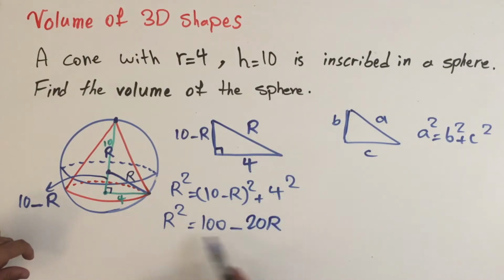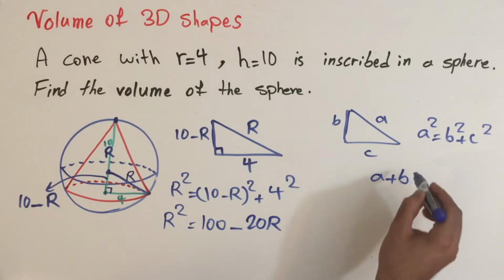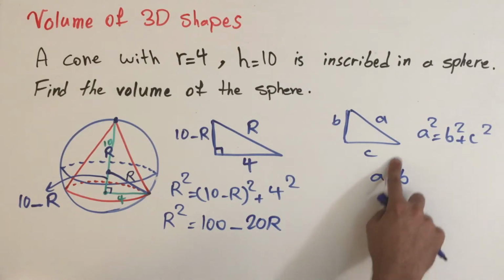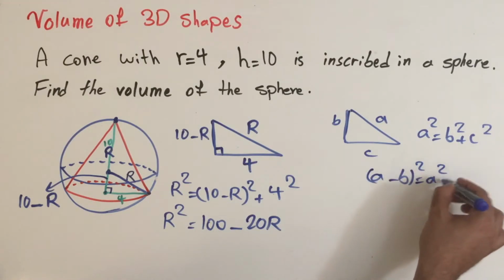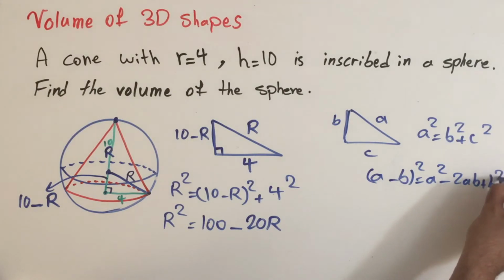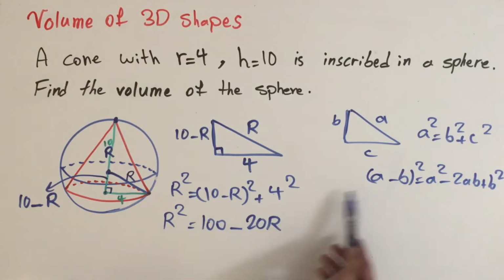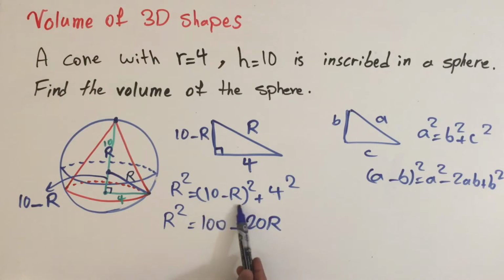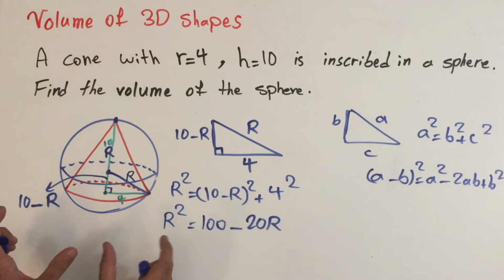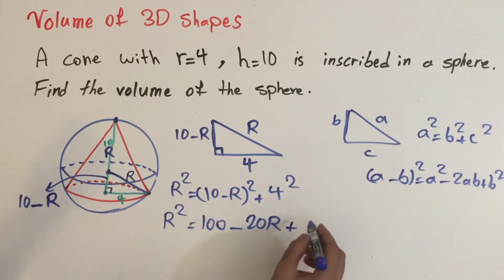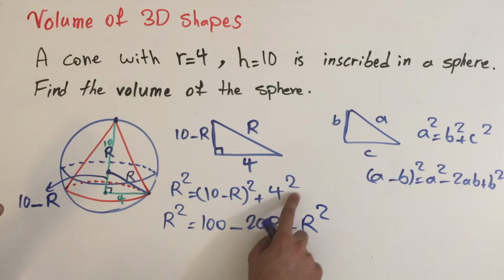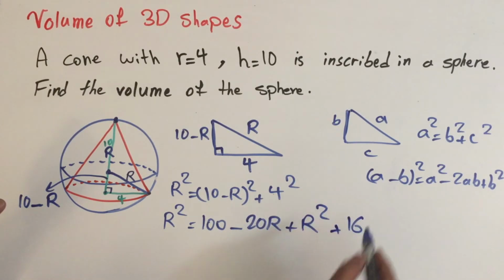I'm using the formula (a minus b) squared equals a squared minus 2ab plus b squared. But if you don't know that one, you can write two of this bracket beside each other, and then do the simple one by one multiplication. And then after that I have b squared, which is going to be r squared plus 16, since 4 to the power of 2 is 16.